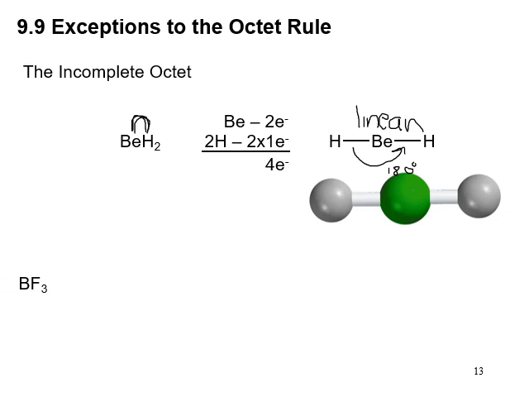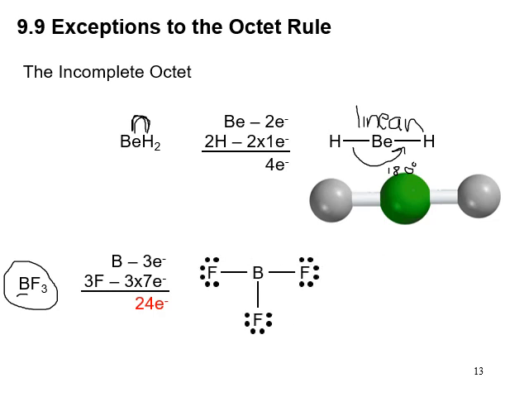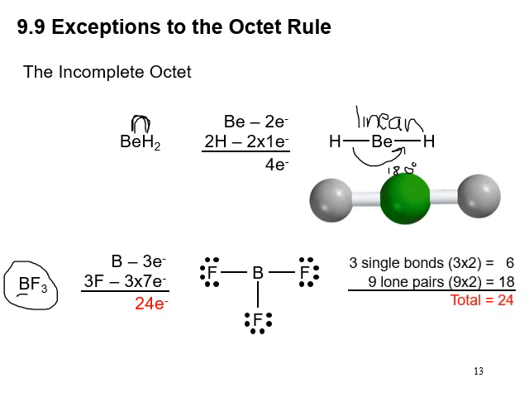For boron trifluoride, here's another one that can have an incomplete octet. If you count up the number of electrons for this Lewis structure, you find 24. The least electronegative goes in the middle, and that is boron, surrounded by 3 fluorines. Now this is drawn incorrectly as far as its shape, but not for its Lewis structure.